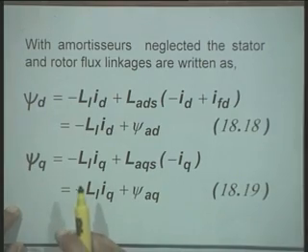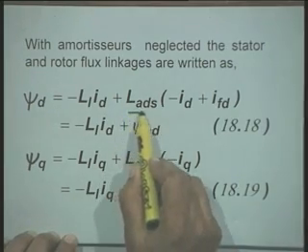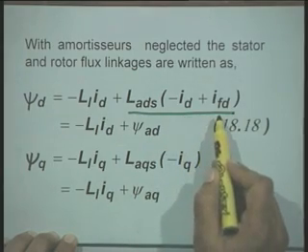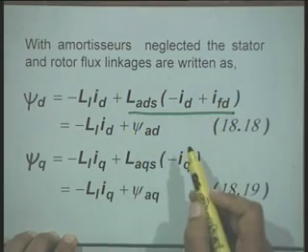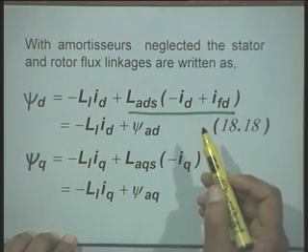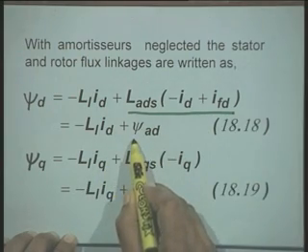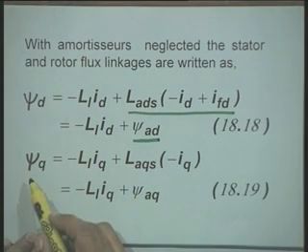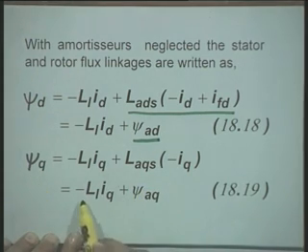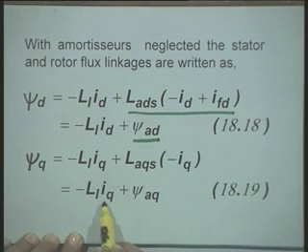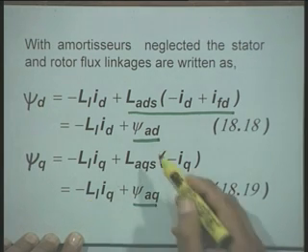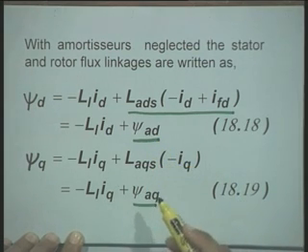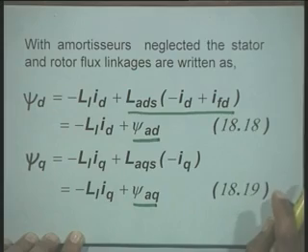The term LADS into minus ID plus IFD represents inductance into current, and this we will denote as psi AD. Similarly, for psi q, we will represent this as minus LL into IQ plus psi AQ. Here we are using these terms, which are normally called intermediate variables, which will ultimately be eliminated.